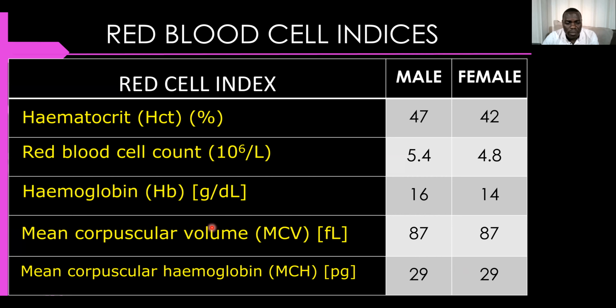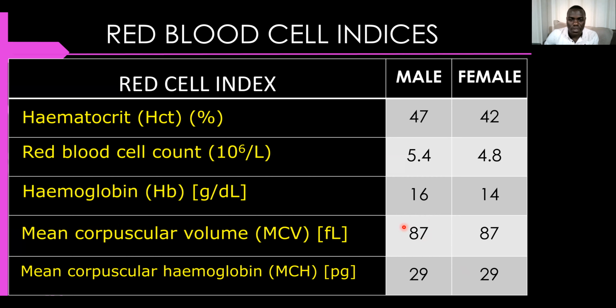So there are some circumstances where the size of a red blood cell can be very big. Then we call that macrocytosis. There are also circumstances where the size of the red blood cell can be too tiny, and we call that microcytosis.